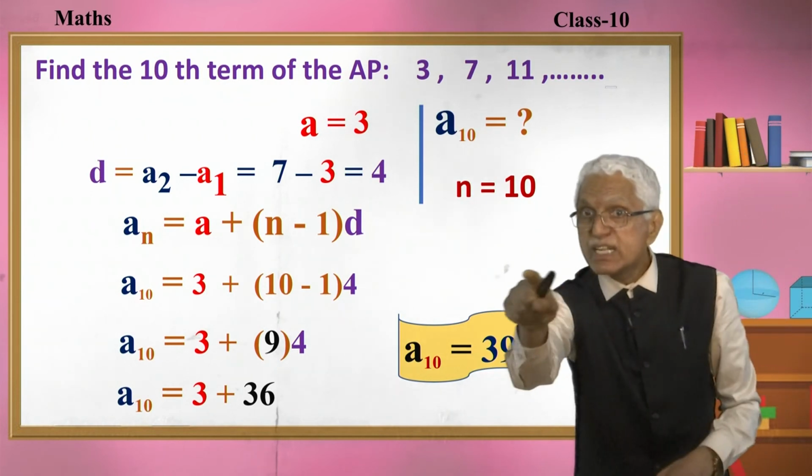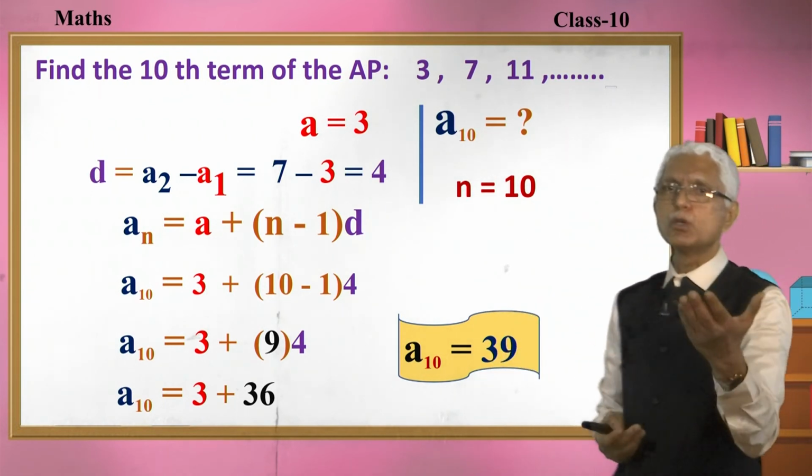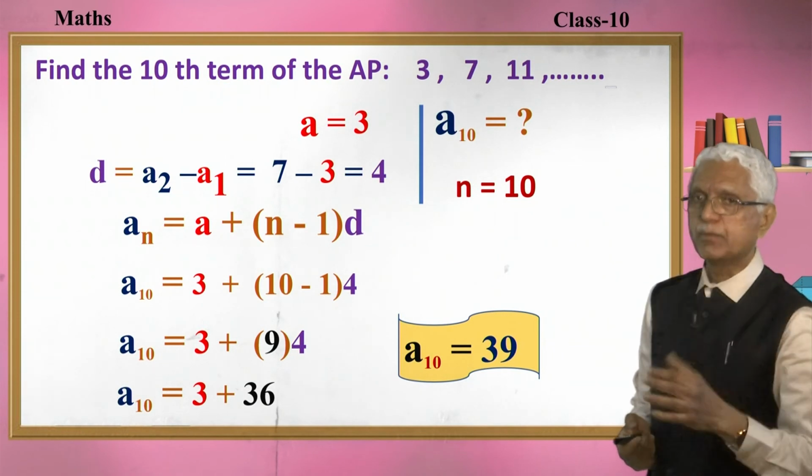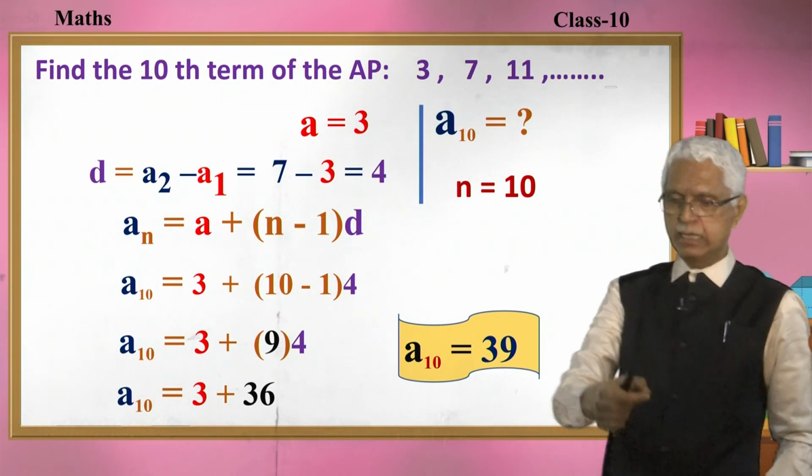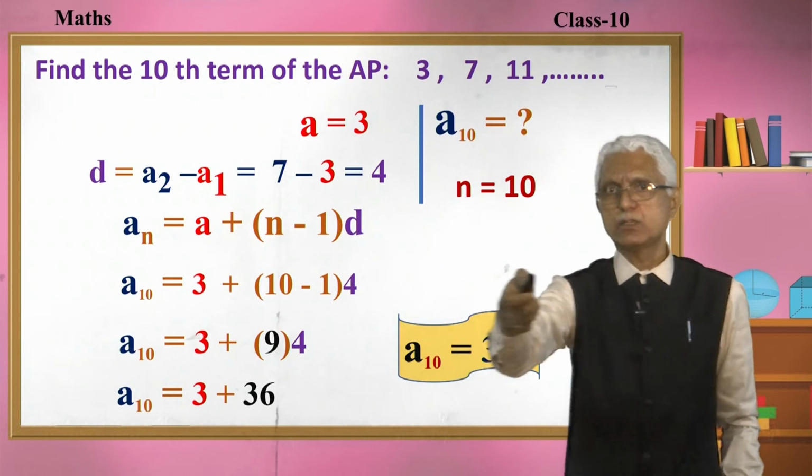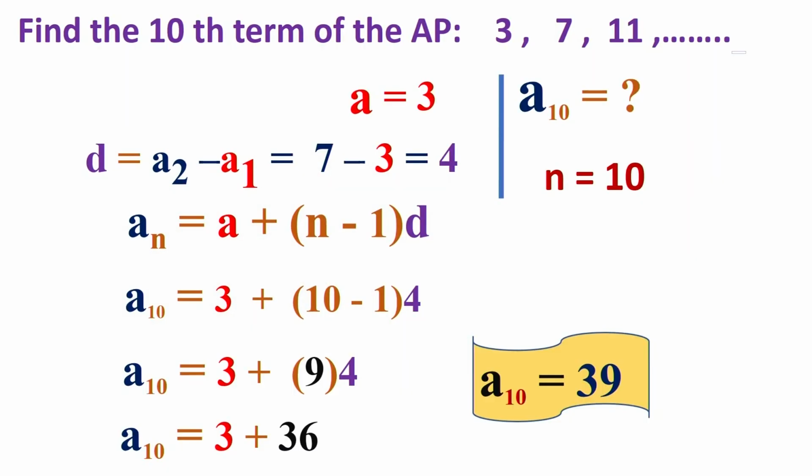The common difference is 4. Correct? Now, you want the 10th term. What is the formula we use? an is equal to a plus (n minus 1) into d. Correct? But you want the 10th term, no? So, a10 is equal to 3 plus (10 minus 1) is 9, 9 into 4, 9 4s are 36, 36 plus 3 is 39, therefore, the 10th term is 39.